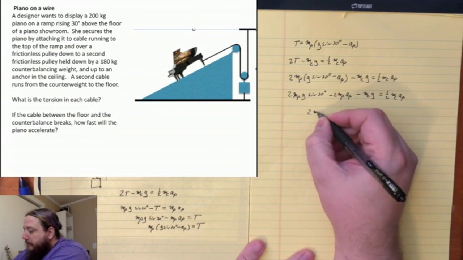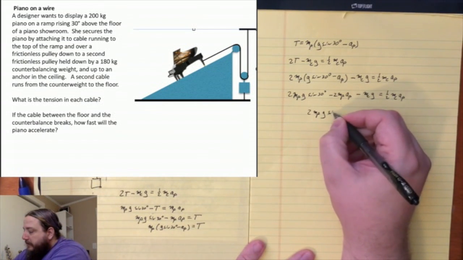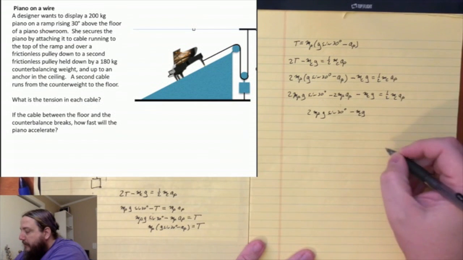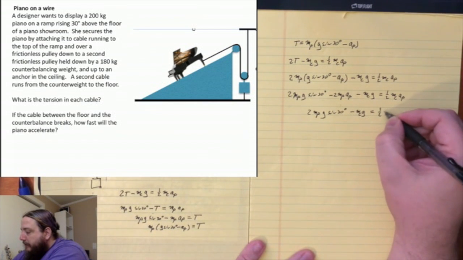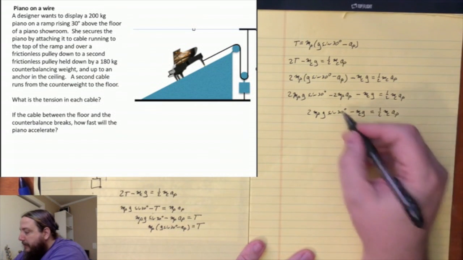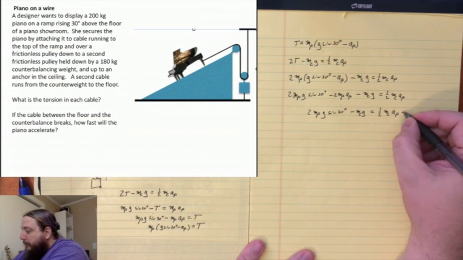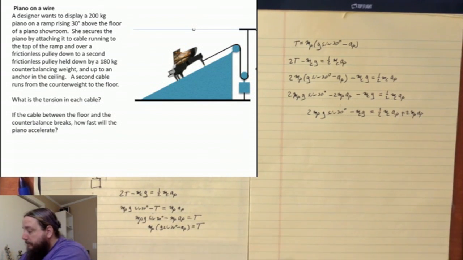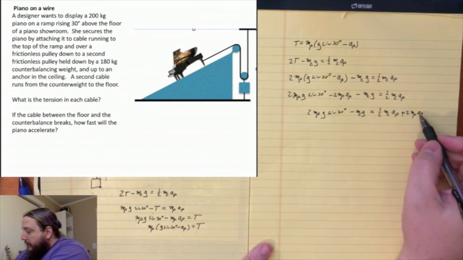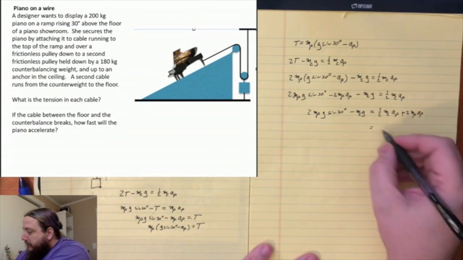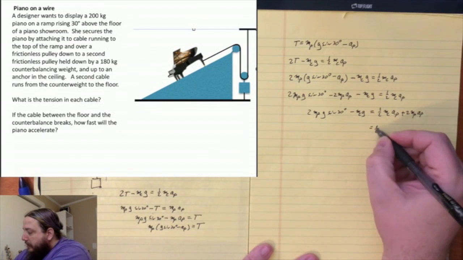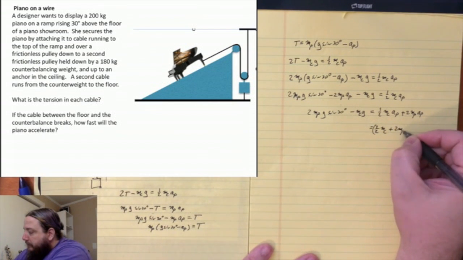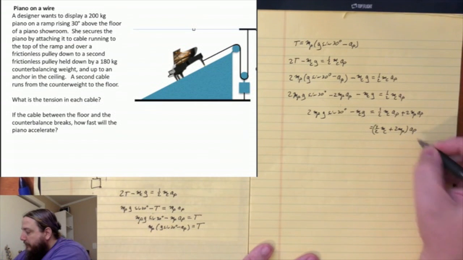So 2 mass of the piano times gravity sine 30 degrees minus mass of the counterweight times gravity is equal to 1/2 mass of the counterweight times the acceleration of the piano plus twice the mass of the piano times the acceleration of the piano, and factor out the acceleration of the piano.